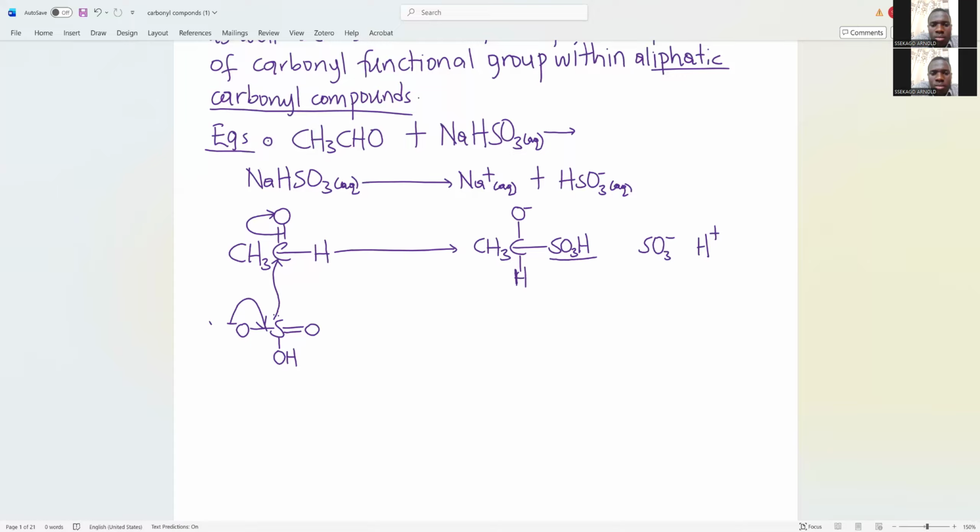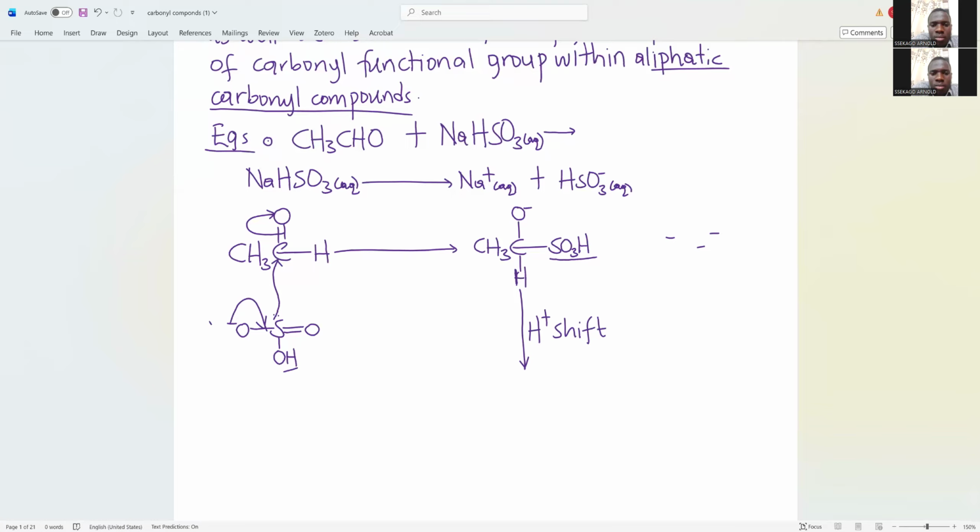The oxygen hydrogen bond within SO3 is polar, because oxygen can take electrons, so that we have SO3 with a negative and hydrogen with a plus. So what do we have there? In this case, we are going to have a hydrogen shift. Which hydrogen is shifting? That hydrogen which is attached to SO3.